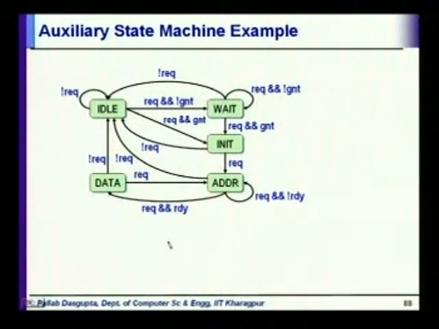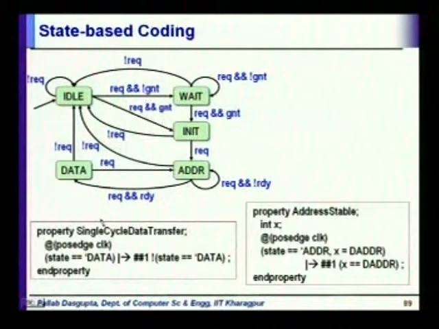In typical protocol descriptions, these state machines are given in the specification document. They are given because people work them out and they document that. Now, if you use this state machine, then you can write the properties much more easily. See that the address stable property can be written quite simply like this: if the state of this machine is ADDR, and if the value of the address on the bus is X, then in the next cycle this holds.